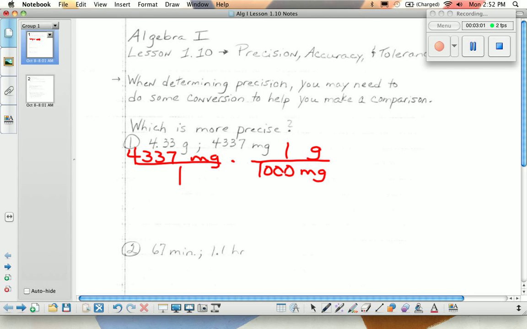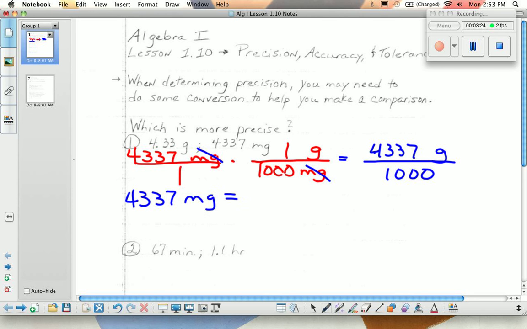The milligrams are going to cancel away, so it looks like we divide by 1,000. So 4,337 milligrams is really the same as what? 4.337 grams. Okay? So we just renamed 4,337 milligrams as grams.